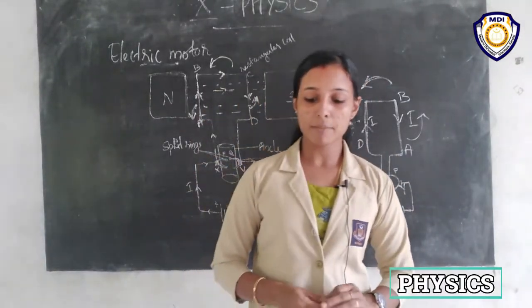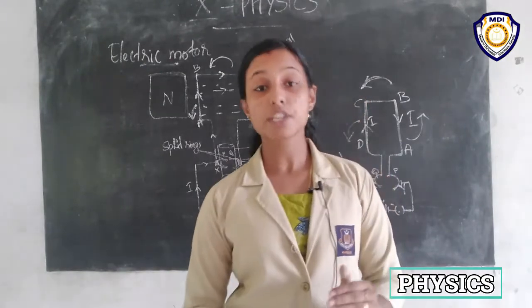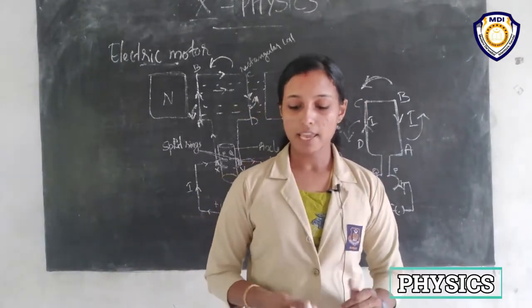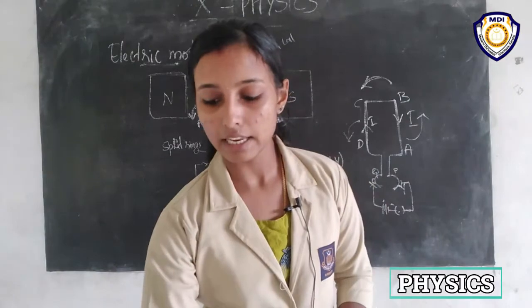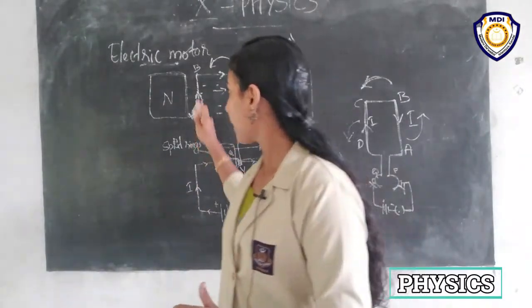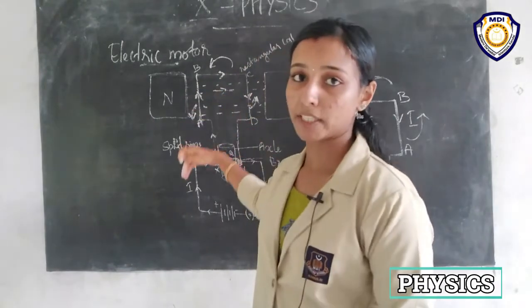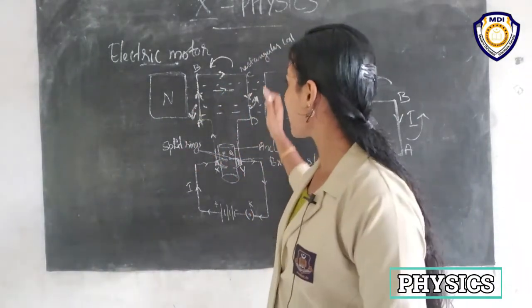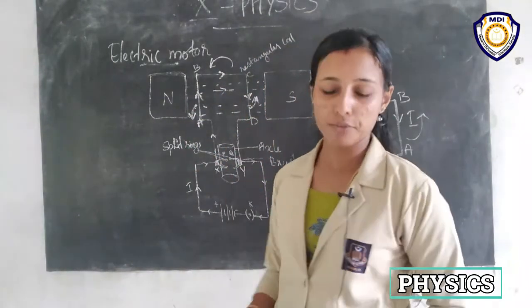On applying Fleming's left hand rule, the direction of force on a current carrying conductor in a magnetic field, we can find that arm AB experiences a downward magnetic force and arm CD experiences an upward force.